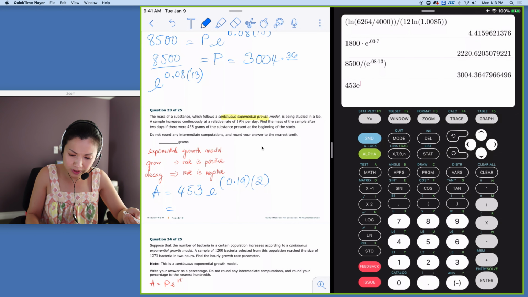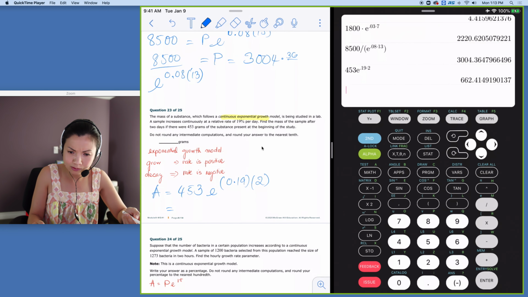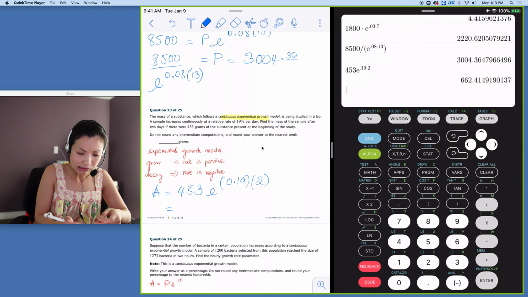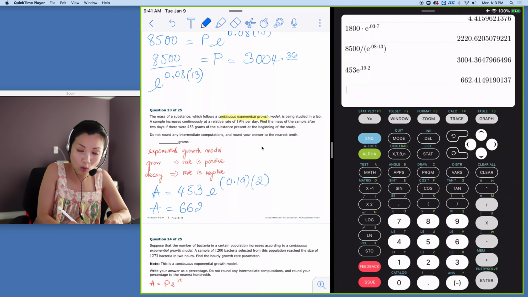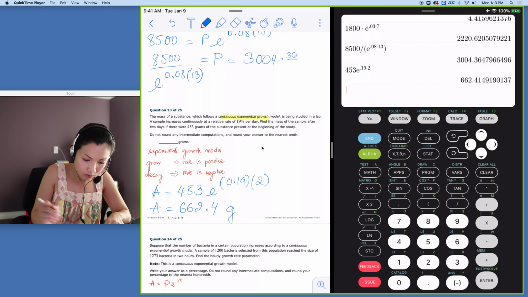Now, by the way, for these problems, if you make a mistake, you can tell because the answer is going to come out really weird. Okay, so it's going to be 662.4 grams.